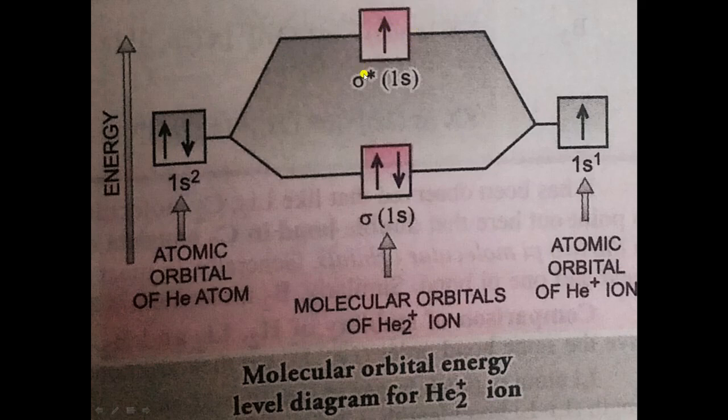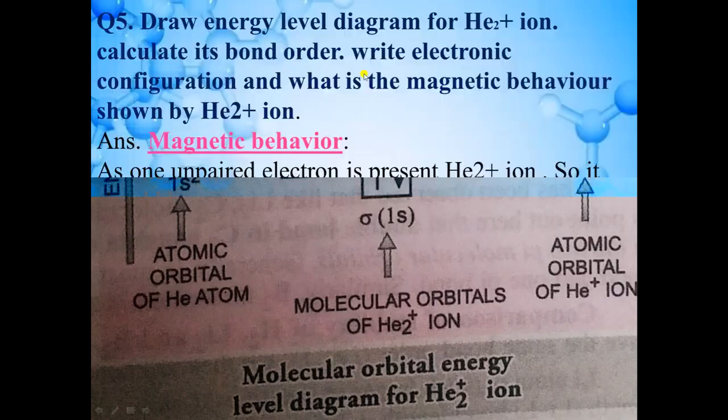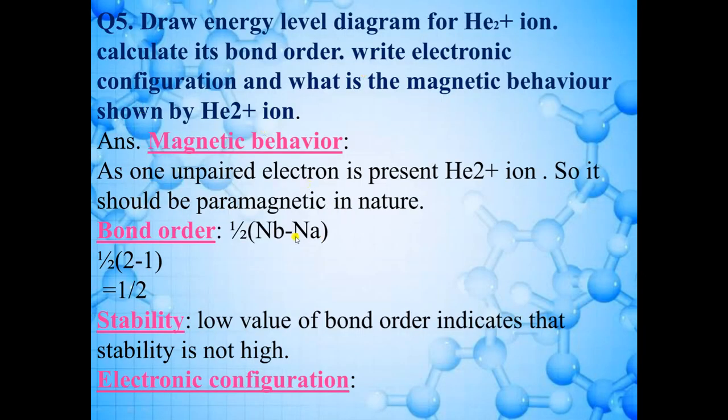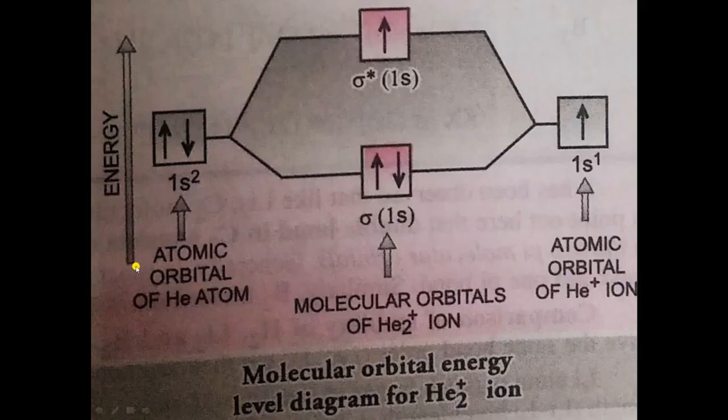And you can calculate bond order. Calculate bond order for helium 2 positive ion. Write down formula first: 1 by 2 Nb minus Na. This is the formula. Put the values. Number of bonding electrons are 2 and number of anti-bonding electrons here is equal to 1.